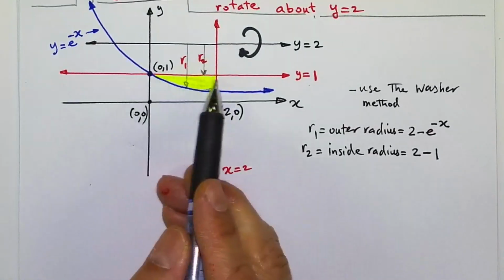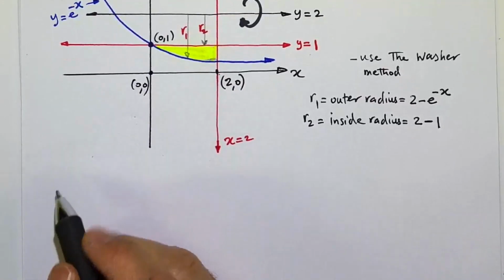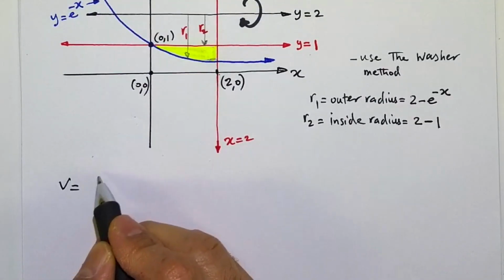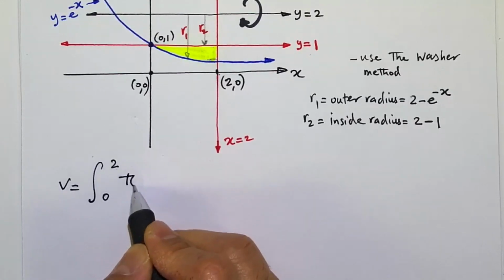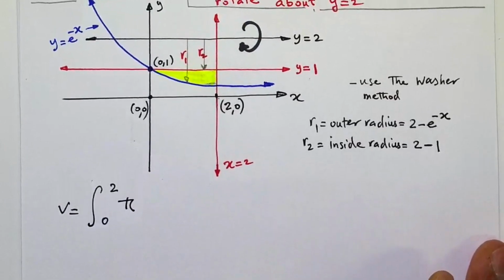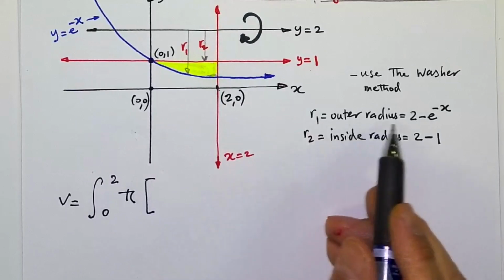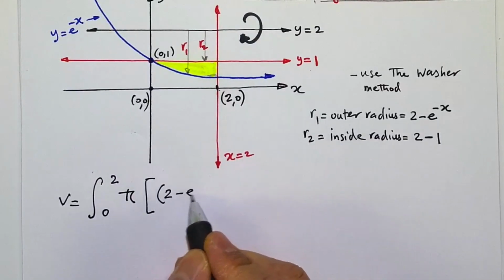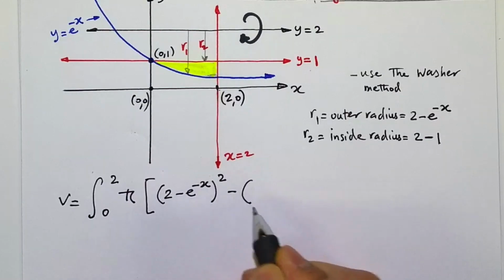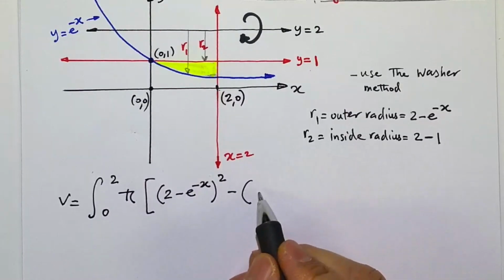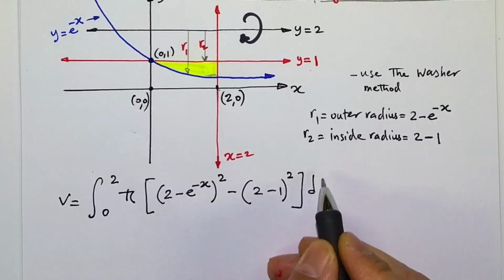So this is the limit of integration from 0 to 2. I'm going to write that all here. So we have the integral from 0 to 2 of pi, times the outer radius, 2 minus e to the negative x power, squared of course, minus the inside radius, 2 minus 1 squared, and then dx.